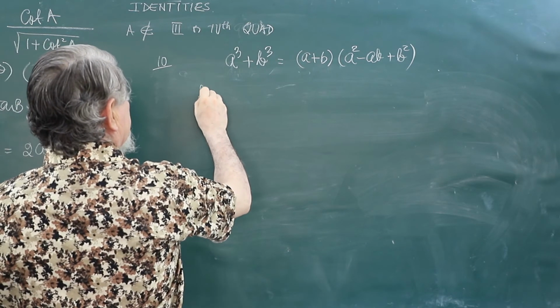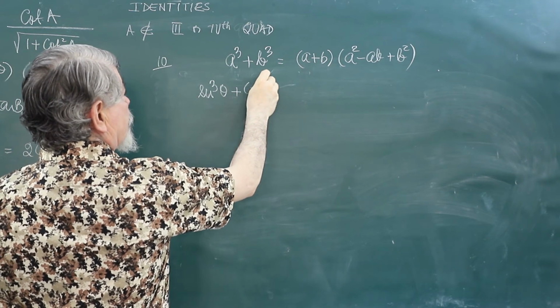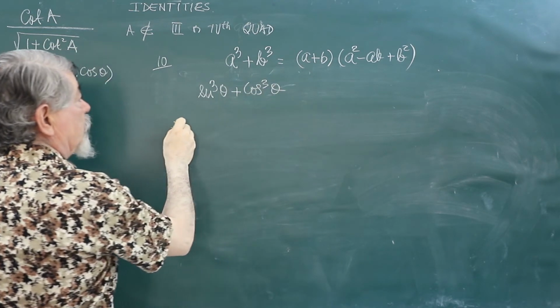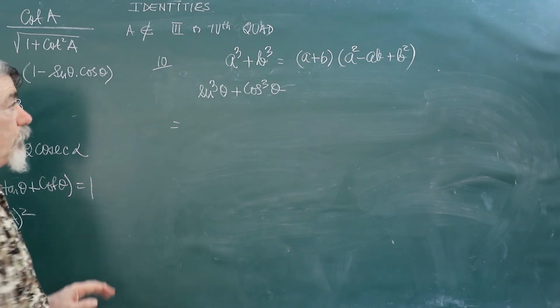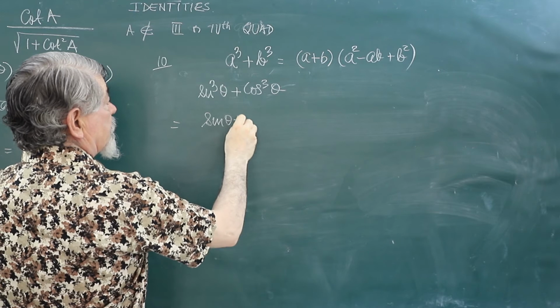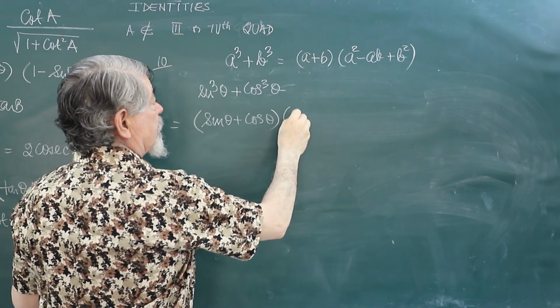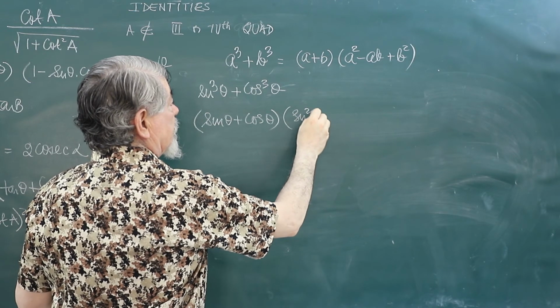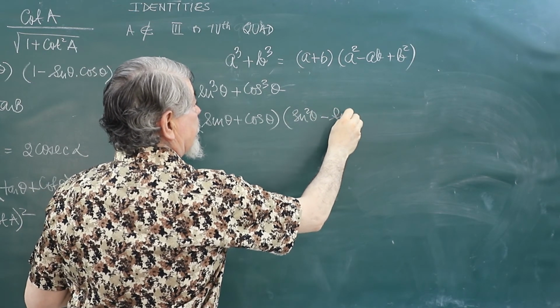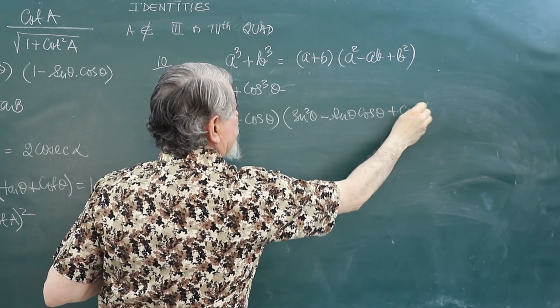So sine cube theta plus cos cube theta will be equal to sine theta plus cos theta, first a plus b, then a square, sine square theta, minus ab, sine theta cos theta, plus cos square theta.